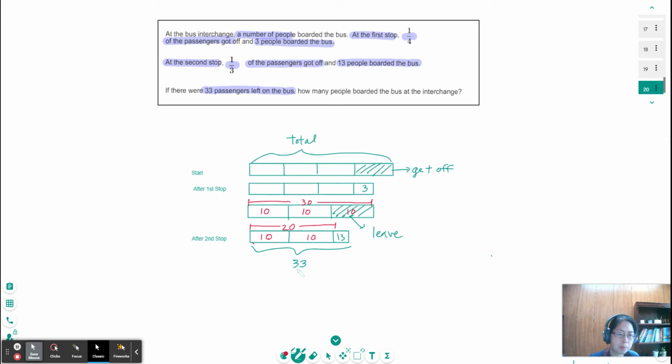But we know that 3 people got on the bus. So let's take those 3 off, and we know that this is equal to 27. Well, if it's 3 boxes here that equal to 27, that means each one of those is equal to 9.